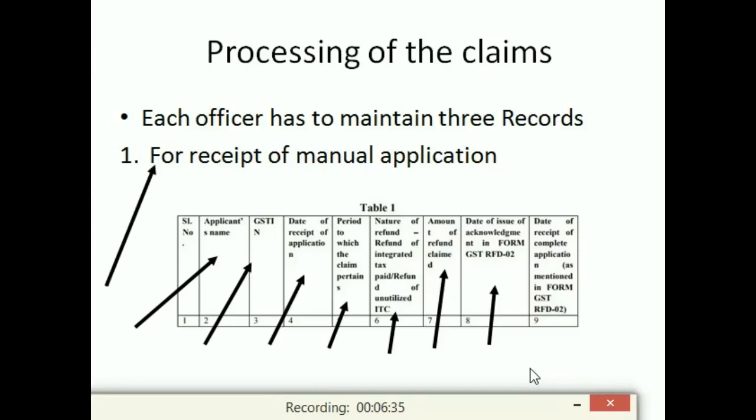In other words, once RFD-02 is issued, we cannot issue a deficiency memo. So either a deficiency memo or RFD-02, that means the acknowledgement, has to be issued within 15 days. When the acknowledgement is issued, we have to sanction 90% of the claimed amount within 7 days. This 7 day period will be counted from the date of issuance of form RFD-02.